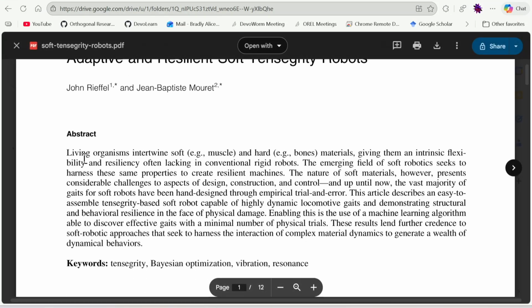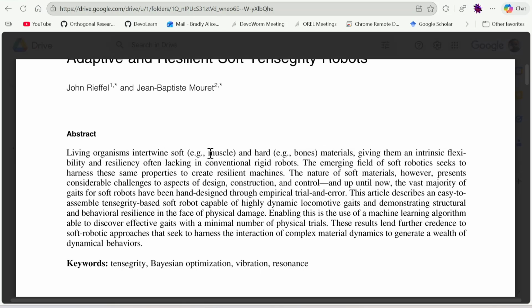So the abstract reads, living organisms intertwine soft and hard materials. Soft biological materials are muscle, hard biological materials are bone. And of course, you're intertwining them into systems. So muscle is over bone, and it enables both rigidity and movement. This gives living organisms an intrinsic flexibility and resiliency, often lacking in conventional rigid robots.